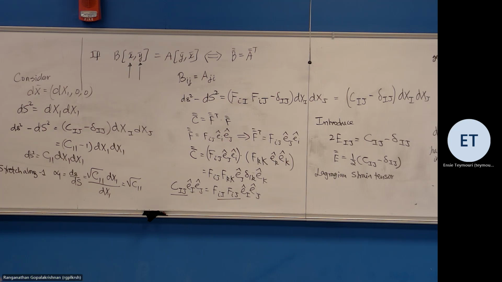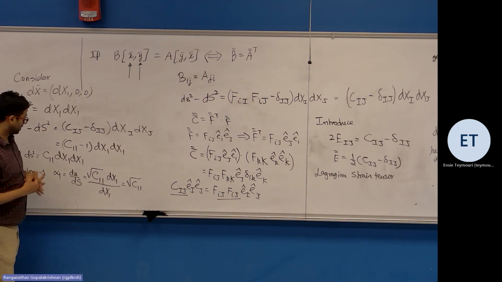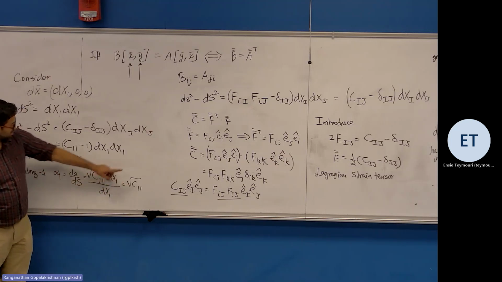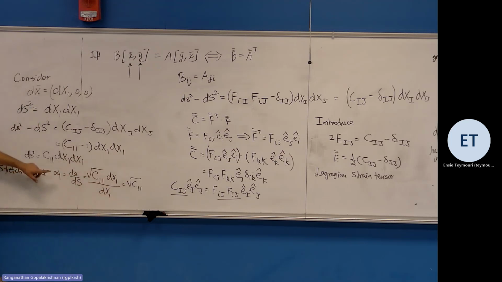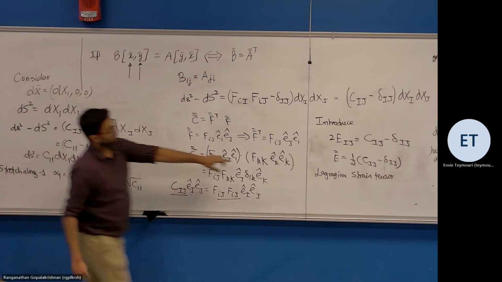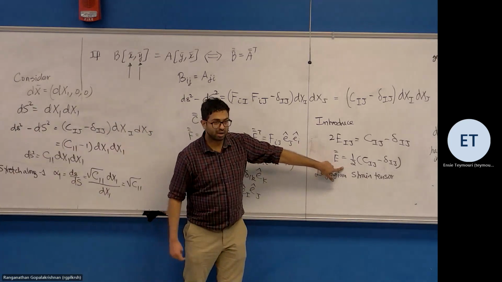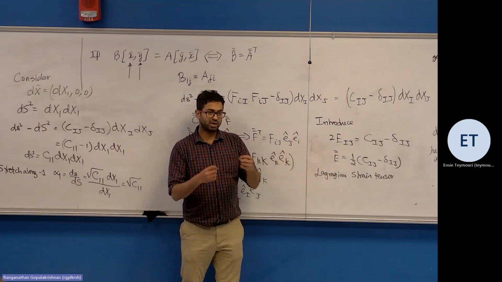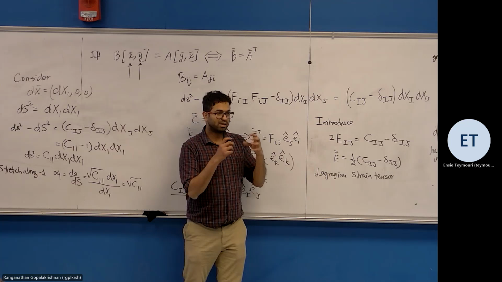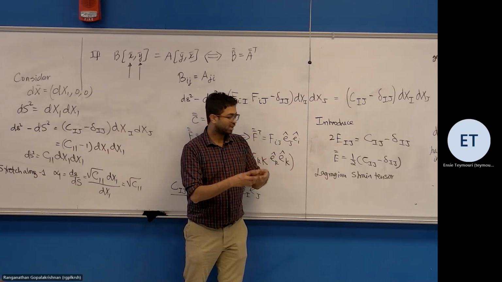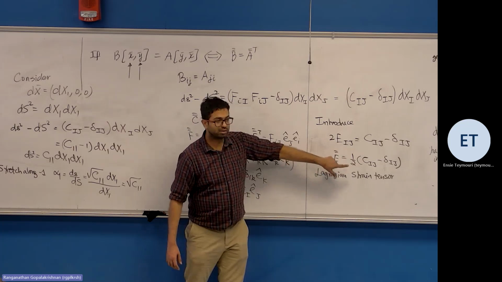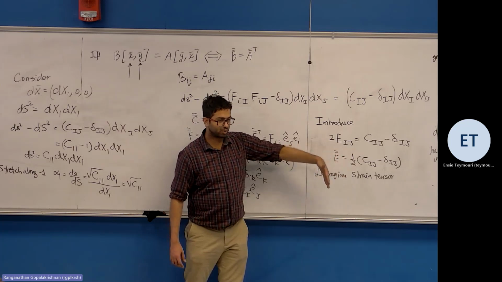You can make the argument that if you put an element along an axis, the components of this strain tensor give you the stretch or change in length for that orientation. So you can consider E11, E12, E13 and so on.